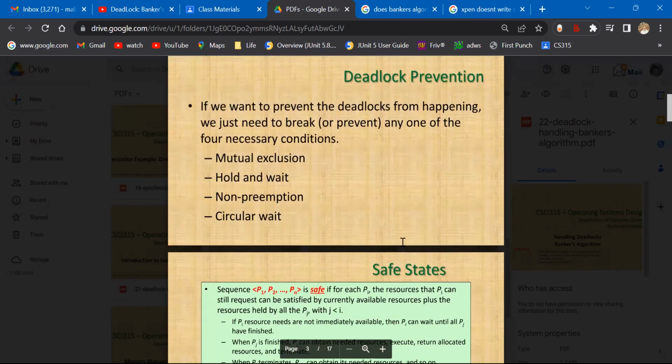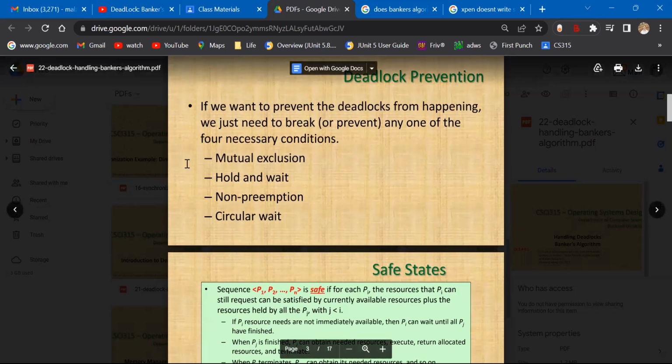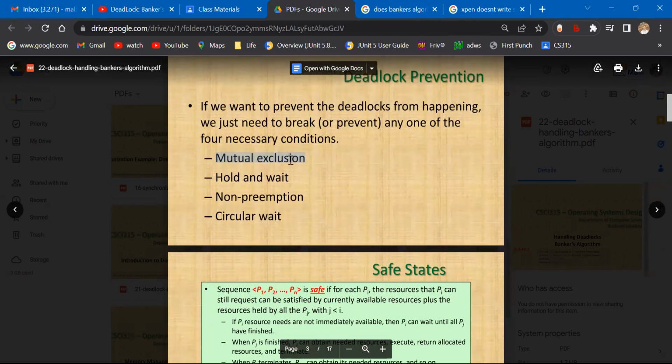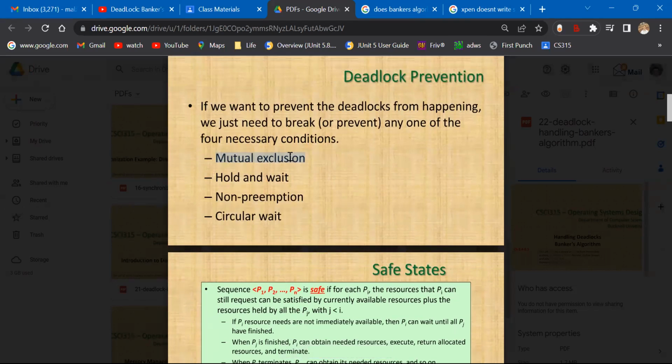So basically, Banker's algorithm is avoidance. What it tries to do is work on mutual exclusion. It tries to make sure that not all the resources are being used at the same time.